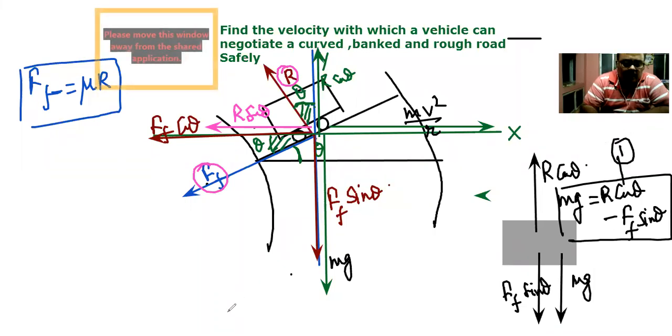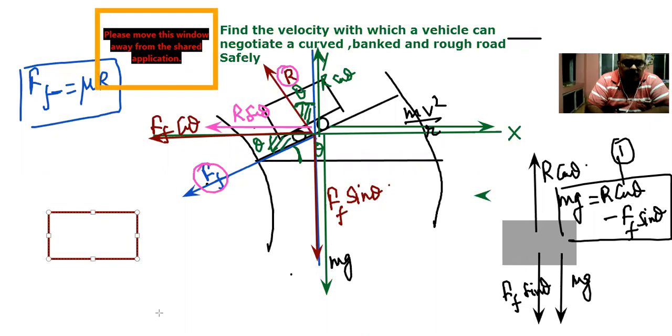Now we take the horizontal forces that are acting. Let us draw that part on the body. So which are the forces? In this direction, R sine theta, frictional force cos theta, and the centrifugal force.